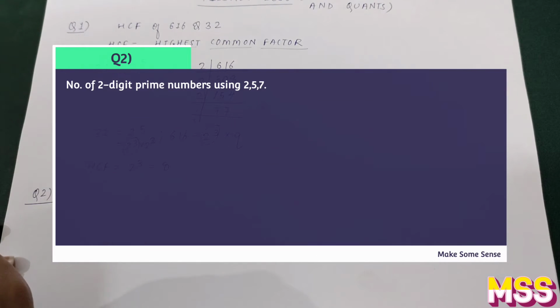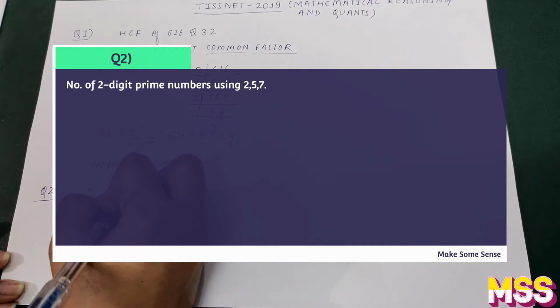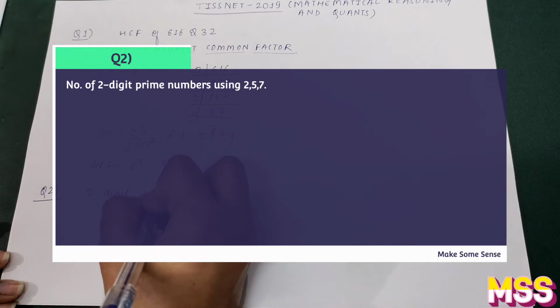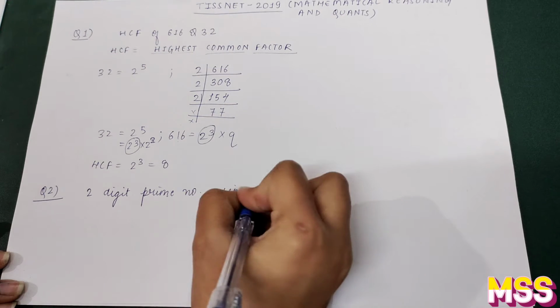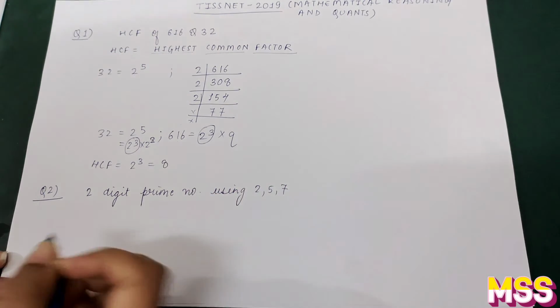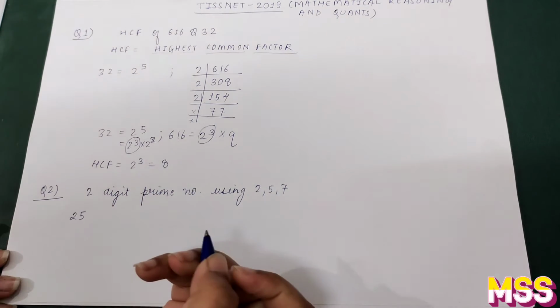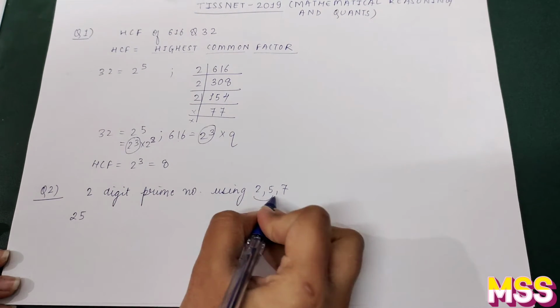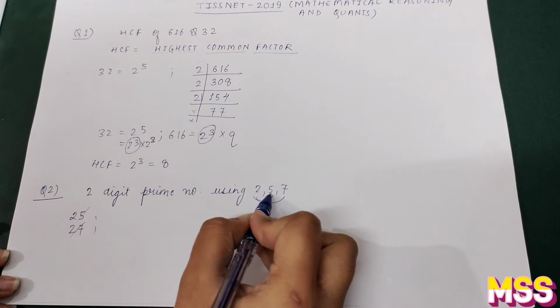The second question says that we have to find the number of 2-digit prime numbers that can be formed using the digits 2, 5 and 7. Okay, so this is very easy. We'll try to find all the possible combinations, like 25 and 27, both of which are not prime.